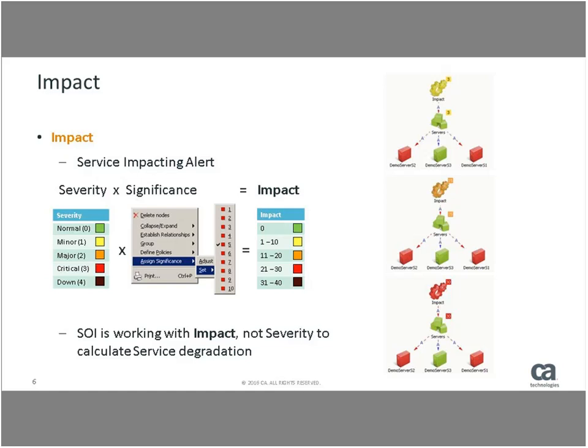One of the things which came up recently, which I might answer here again, it was on the community, I think, as well. There's nothing like adding up impact values. It is always the most critical one that is propagated upwards. So if, let's say, demo server S1 is creating an impact of 3 and server 2 is creating an impact of 5, 5 will be propagated.